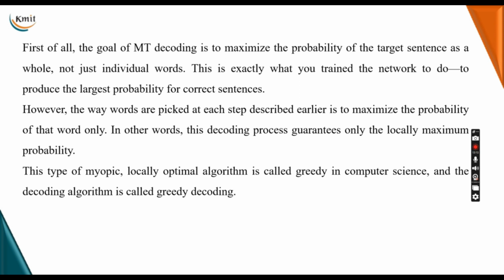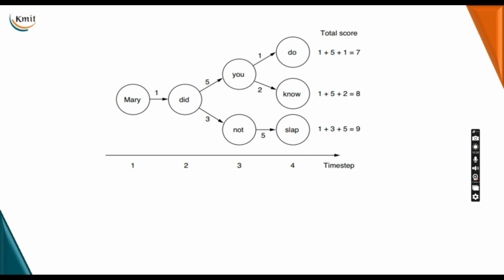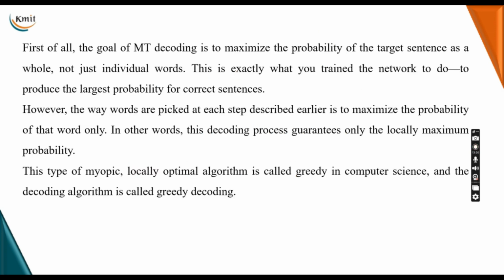Now this type of myopic, locally optimal algorithm, in computer science we call greedy, and hence this decoding algorithm is called greedy search. However, just because you're maximizing the probability of individual words at each step doesn't mean you're maximizing the probability of the whole sentence.